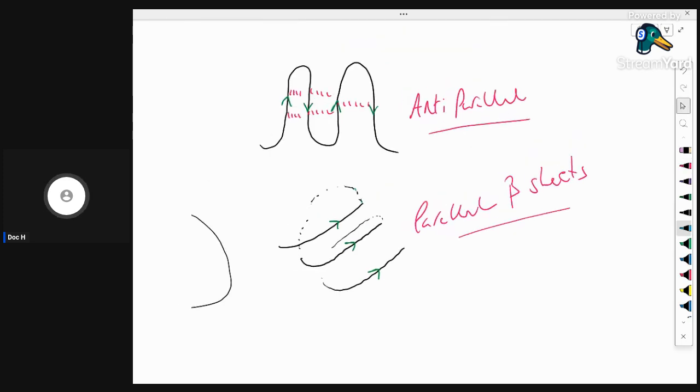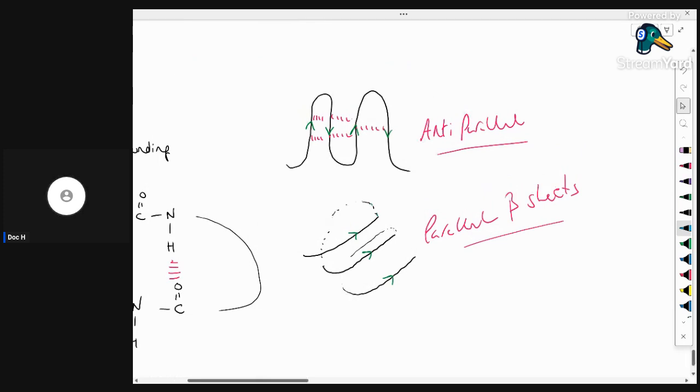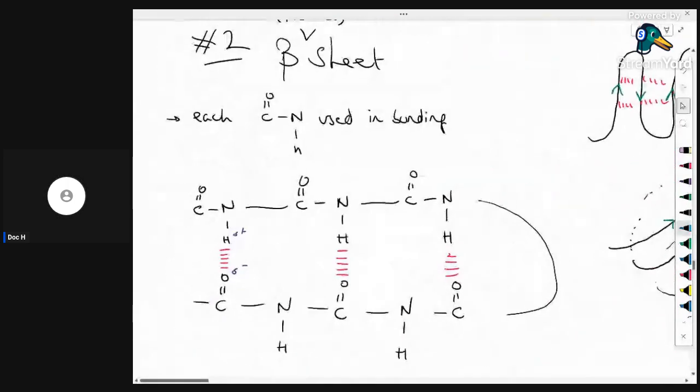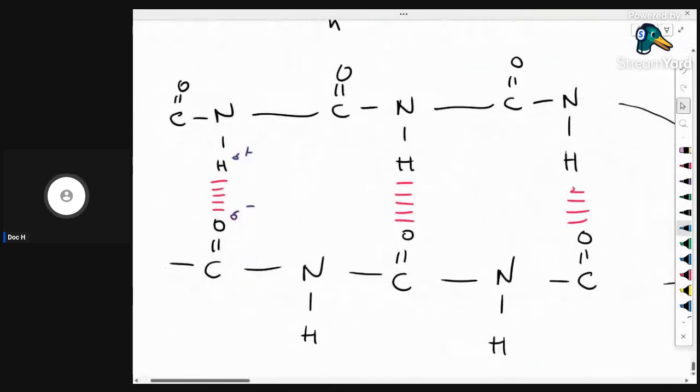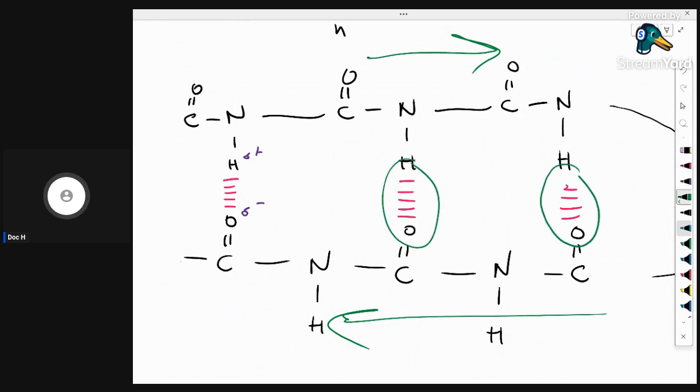That this really makes a difference is the strength of these interactions. Okay. If you are an anti-parallel beta sheet, hopefully what you can appreciate here is because we're going in this direction on this strand and we bend round and then go in this direction, the hydrogen bonds that I've drawn here line up perfectly straight with each other.